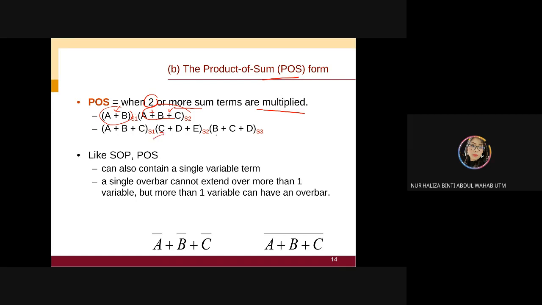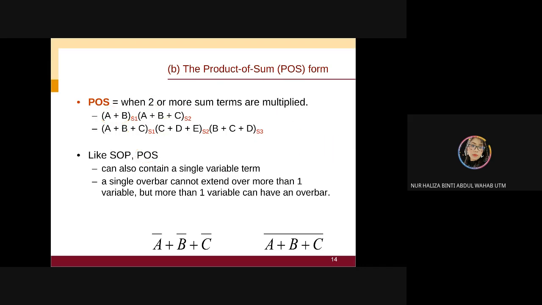Here there are three sums. And it still applies if you have a single variable, it is still POS. Let's say I have (A plus B) multiply A, multiply B, multiply (B plus C). This is one sum, this is one sum, with this one sum. You multiply them together, it's called POS.